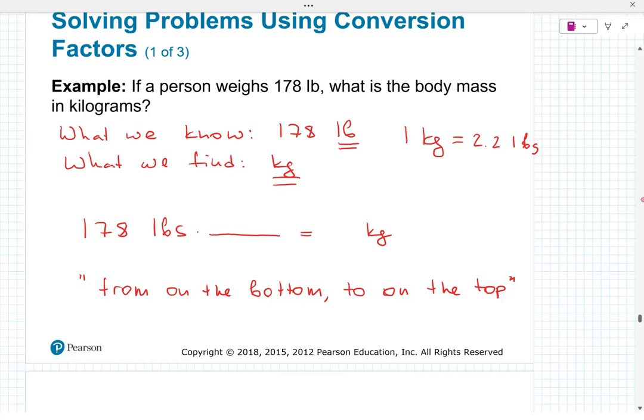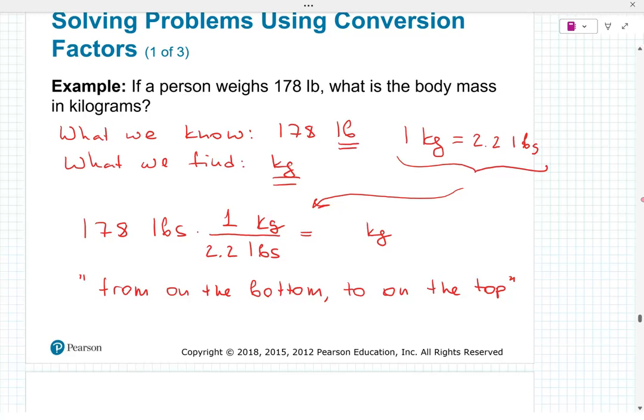So, which unit are we going from? So, using this equality, do you follow? Using this equality, we can derive two different conversion factors. The conversion factor that we need contains kilos on top, pounds on the bottom.